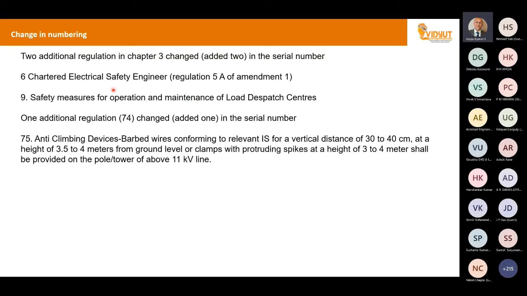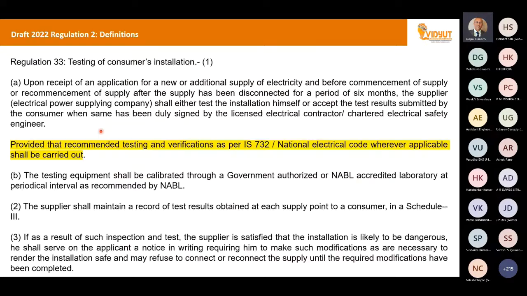So a few new standards or a few new regulations are also coming up. Now, the regulation 33, I'm just showing you the regulation 33, but before that, one moment.